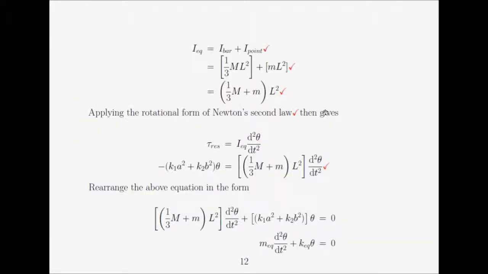At the end of the day, we ended up with a differential equation. In this particular case, it is a second order differential equation. There is a constant m equivalent times the double derivative, plus k equivalent times theta, is equal to 0. This is a homogeneous equation. In general, there will be a damper value, so there would be an m, a c, and a k.